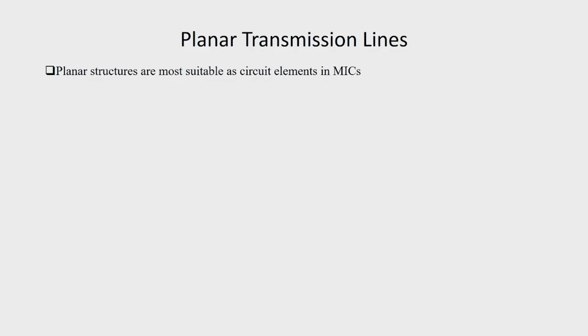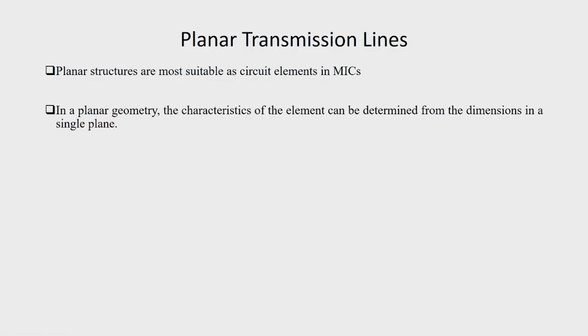So, there are various types of planar transmission lines. We start with the one which is closer to our coaxial transmission line. This is called a strip line. So, planar structures are most suitable as circuit elements in MICs.